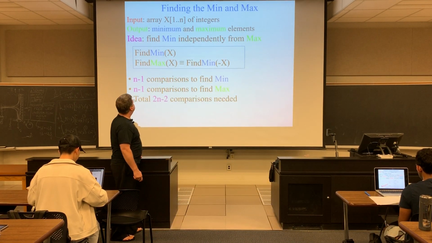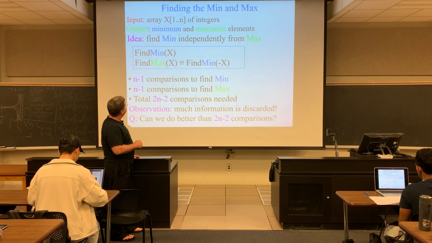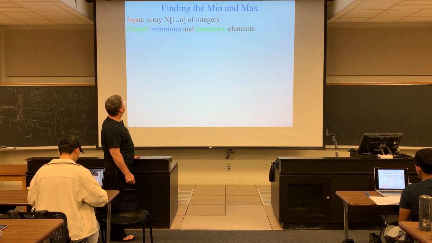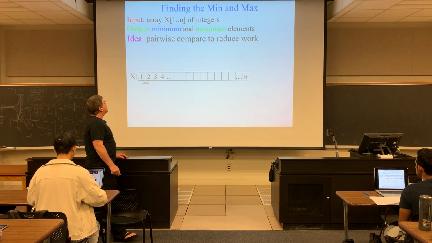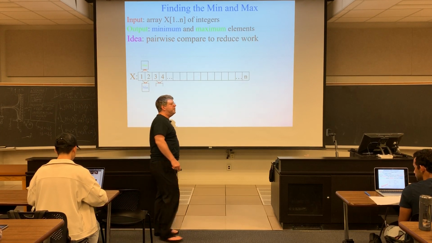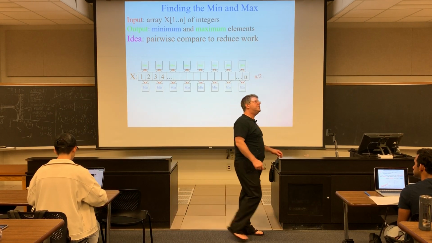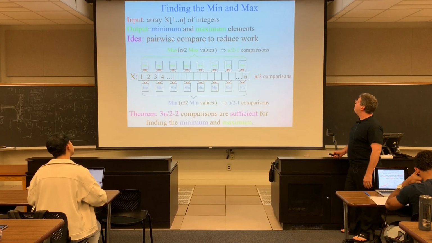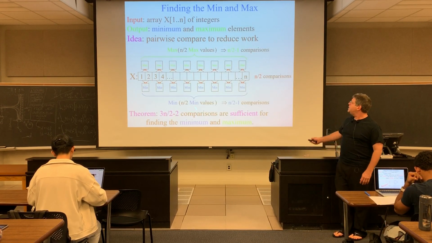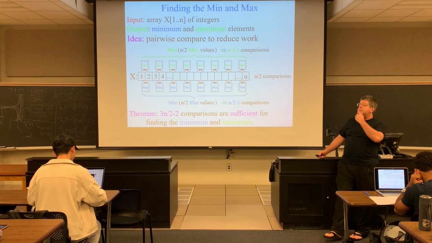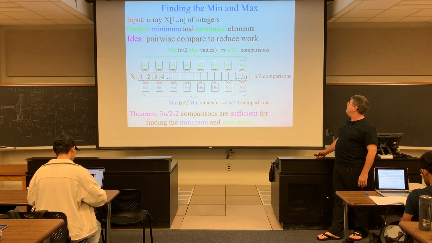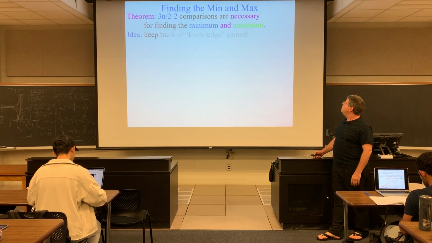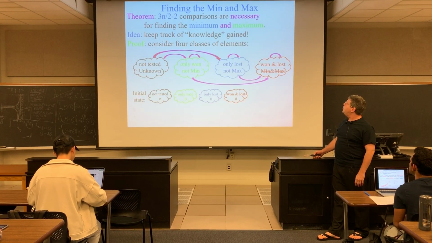To find the min and the max, you can easily do it by finding them separately, but that loses a lot of information. So you can be more clever and cache some of the results of the comparisons, and then use that to your advantage. That reduces the total number of comparisons to find the min and the max to 3/2 n. That's a 25% improvement. And that's also necessary. The proof wasn't easy.